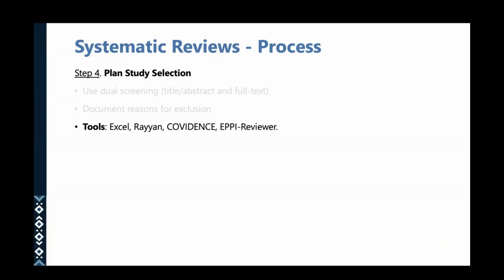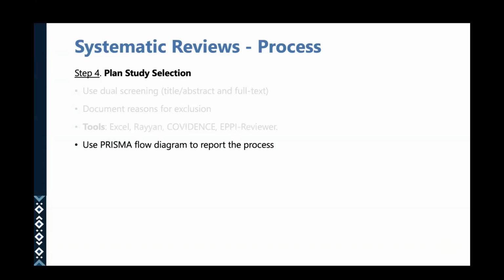You also have Covidence, you have EPPI-Reviewer. There are also some very good tools. At CRENC, we use Rayyan and then we use EPPI-Reviewer. If you're doing a very small review, you might use Excel, but this is not very recommended in today's modern world. And you can describe very well the process of selection of these studies by using the PRISMA flow chart.